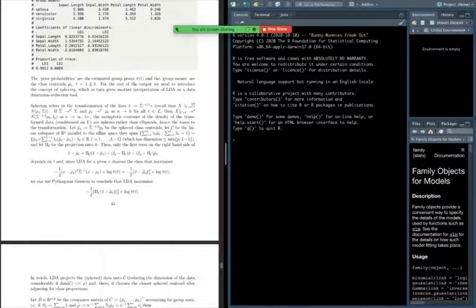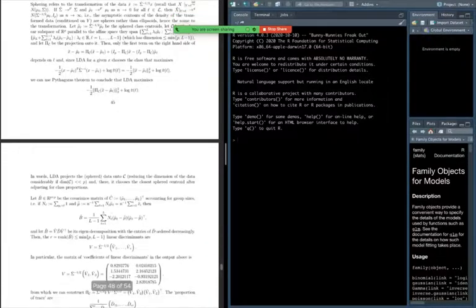I tried to anticipate that, but to understand the rest of the input, we need to introduce the concept of sphering, which in turn gives another interpretation of LDA. So I start with the interpretation, but then I turn to explaining the output later on, right?